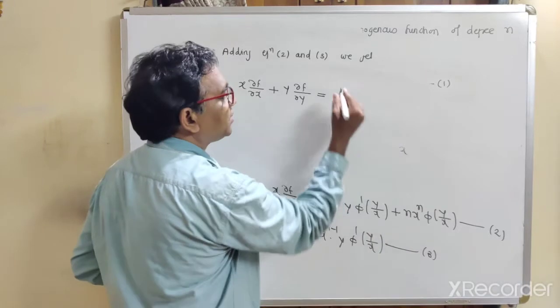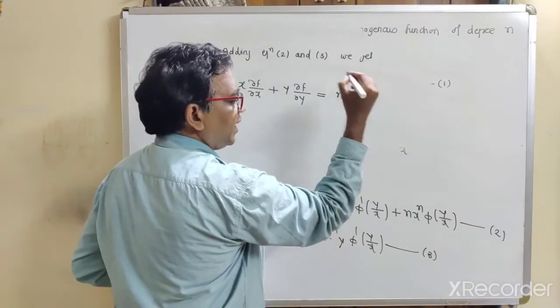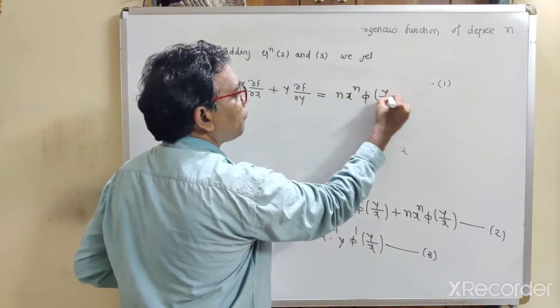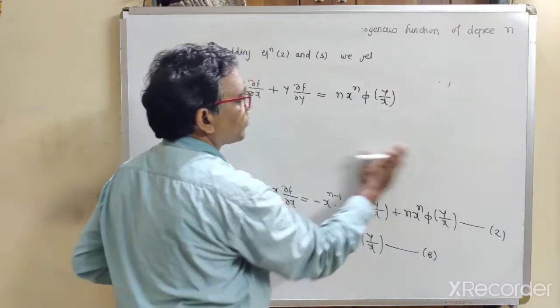Just what is the remaining term? This is n x raised to n into function of y by x.